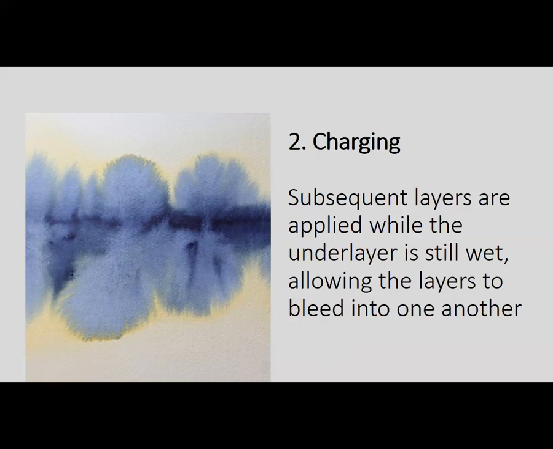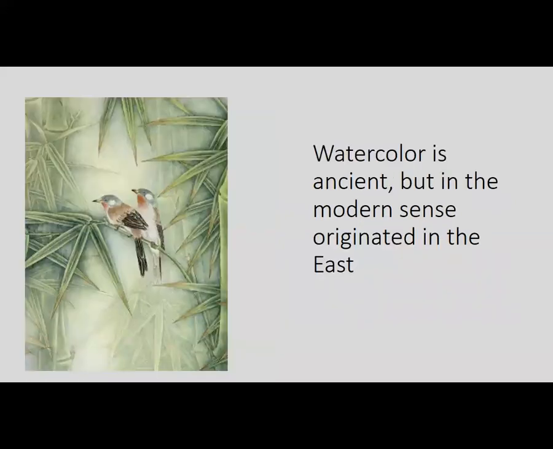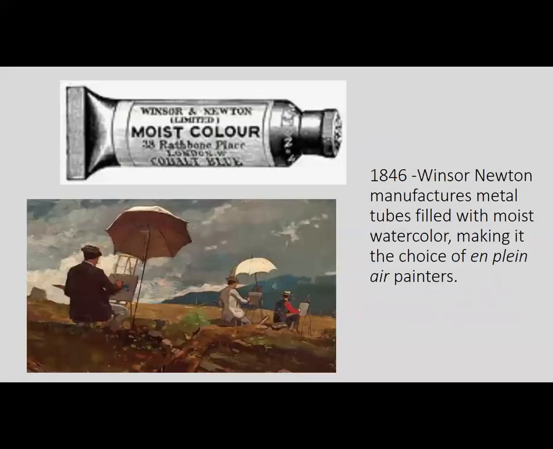You're smart. So watercolor also is really ancient, but in the modern sense, it developed in the East, in Japan and China. It wasn't until 1846 that Winsor & Newton started manufacturing tubes of paint. Before that, the artist would have to grind the pigment and then add the gum arabic to it.